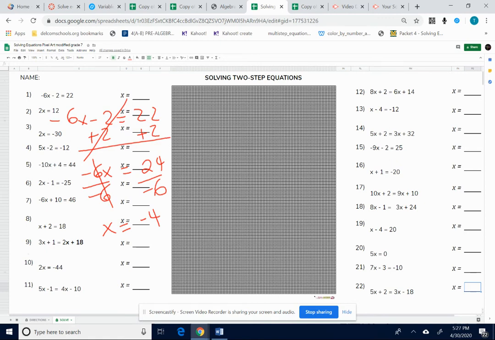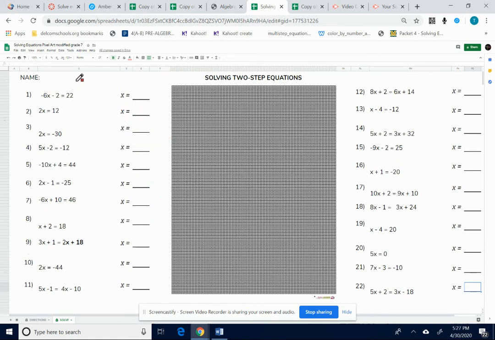Now go to the x equals spot and click. Don't put any spaces. Just type in the negative 4 that we got. See how it's red now?